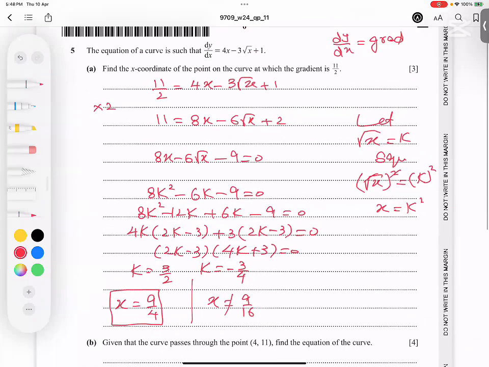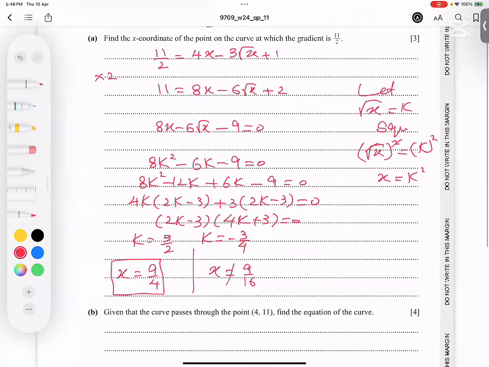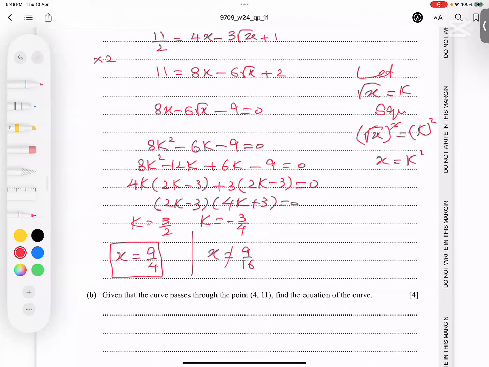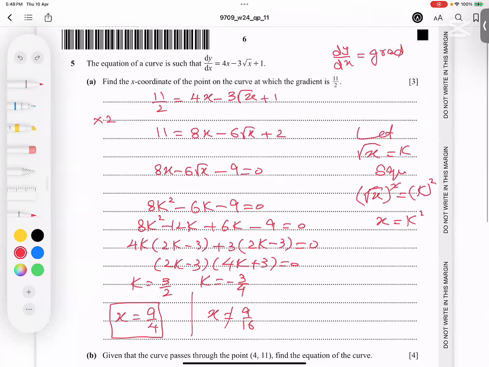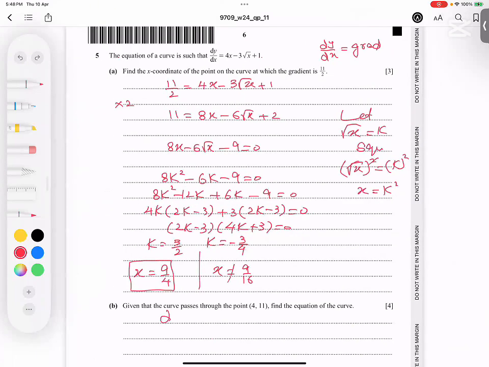In the below part, he's asking that the curve passes through (4, 11). Find the equation of the curve. So I will take this top equation, dy over dx equals 4x minus 3 root of x plus 1.